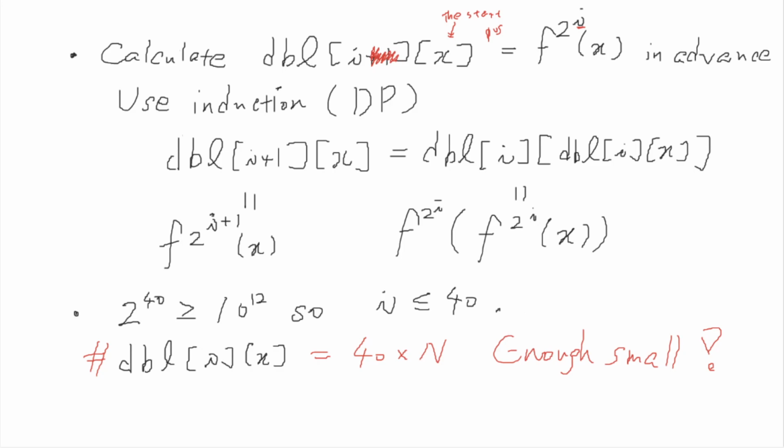dp is the same as induction, but the name dp is famous among programmers. The method is as follows. If you want to calculate the doubling function of i plus 1 and x, which means f to the 2 to the i plus 1 of x, then we can factorize this as follows, like this.